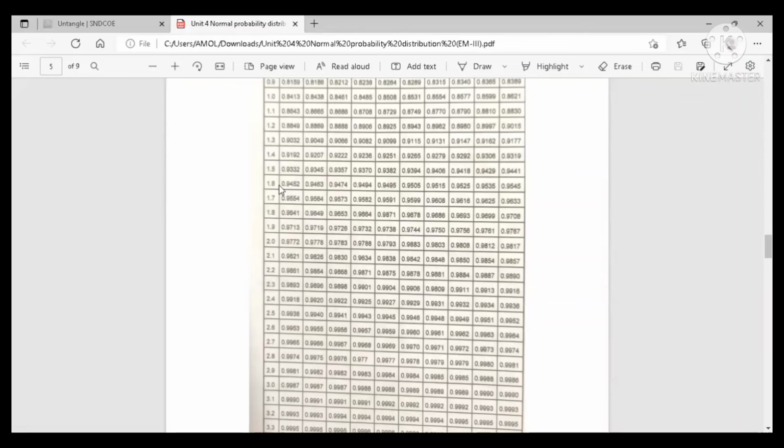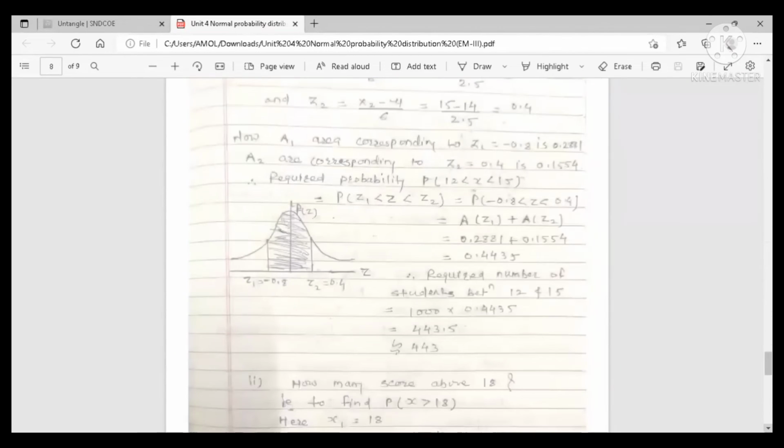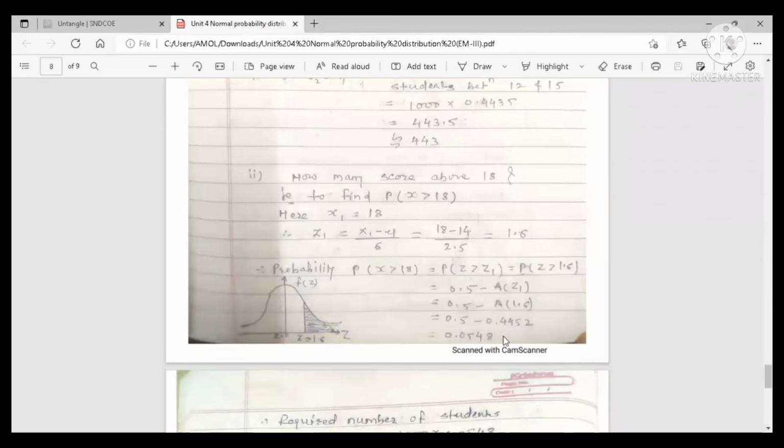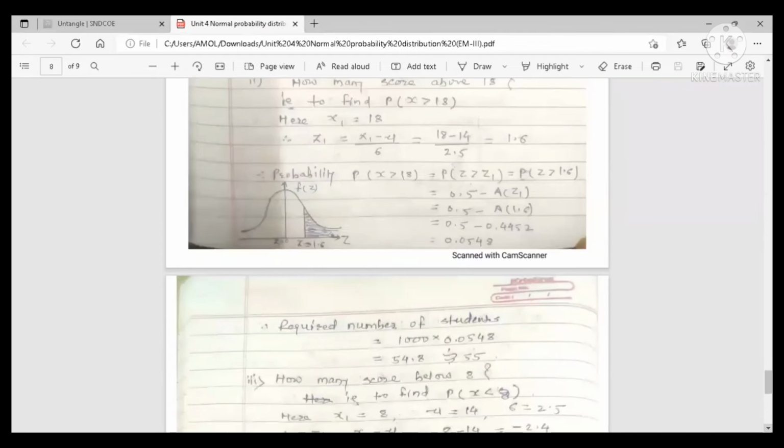Subtract 0.5 from this: 0.9452 minus 0.5, and the area will be 0.4452. If we subtract this from 0.5, it is 0.0548. So this is the probability when Z is greater than 1.6, which means the probability when X is greater than 18.